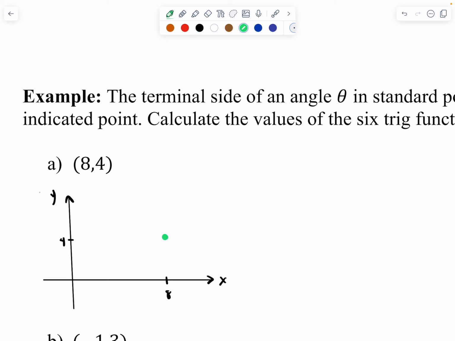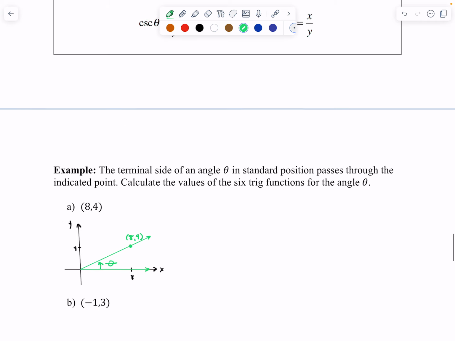So here's the point (8, 4). And then this would be the angle theta. Theta would be starting on the positive x-axis and then rotating in the counterclockwise direction and terminating in the position so that it passes through the point (8, 4).